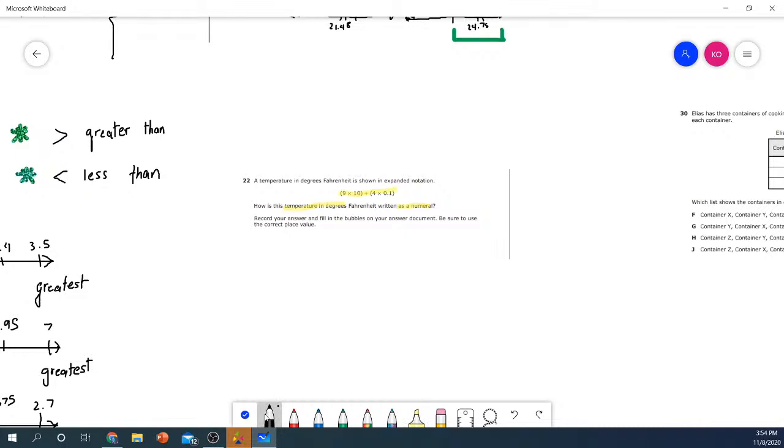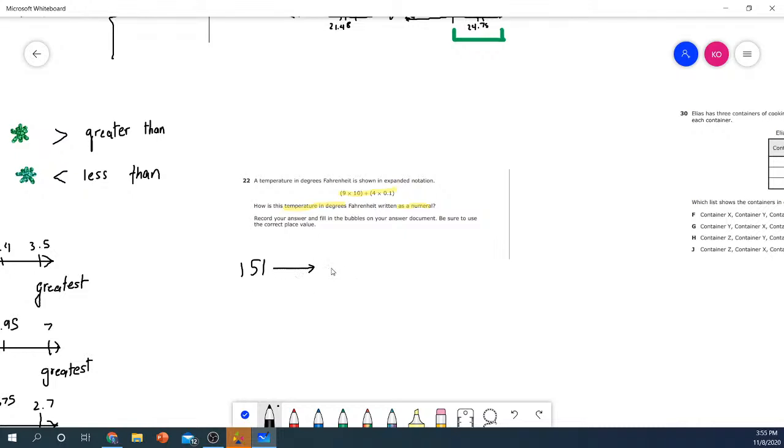Okay, so before we start, let's define what a numeral and an expanded notation of a numeral is. A numeral is just like any number, 2, 31, 50, 100, those kind of numbers. Expanded notation is expanding, so let's just say 151. Expanded notation is expanding this number to show each of its place values.